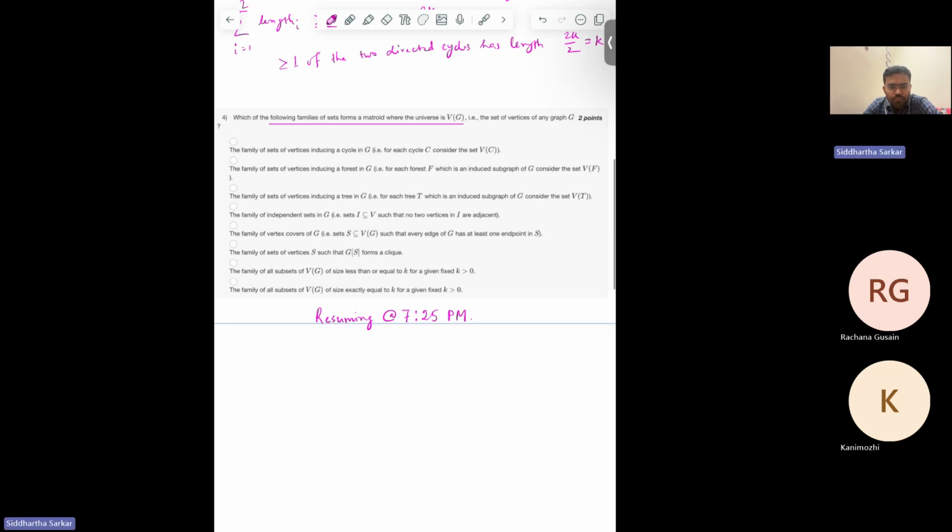So here's the first option. The family of sets of vertices inducing a cycle in G. That is, for each cycle C, consider the set V_C. Okay. So is it a matroid?